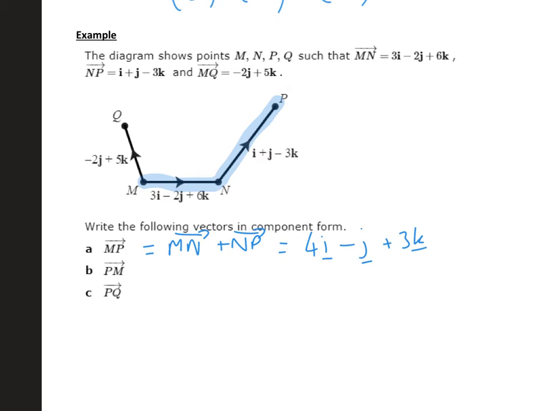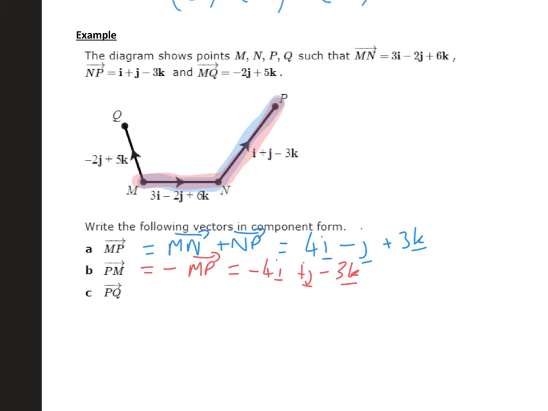Okay, let's use a different color for the next one. P to M. Well, that's just going the opposite way now. So it's just going to be minus M to P. So it's just minus 4i plus j minus 3k.